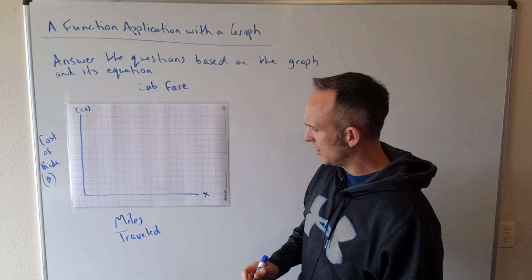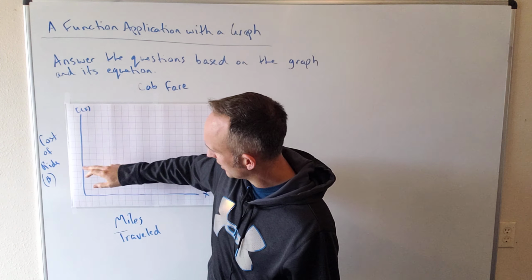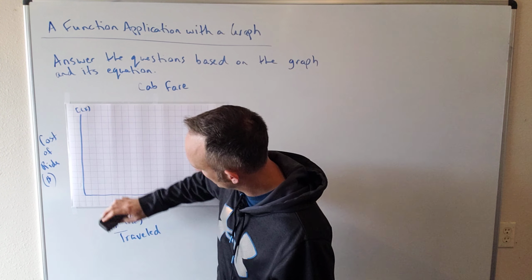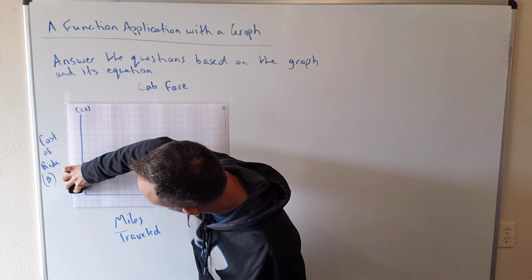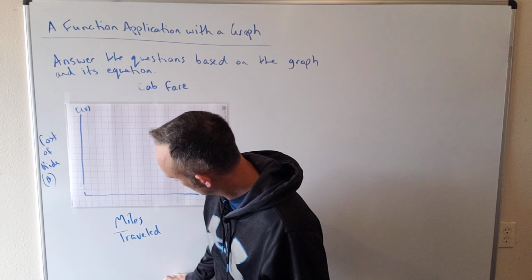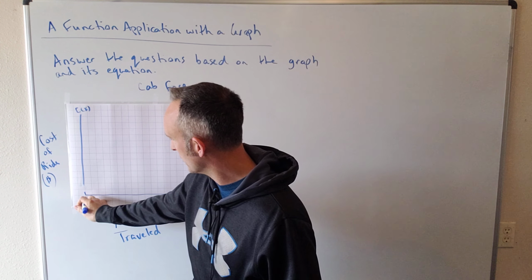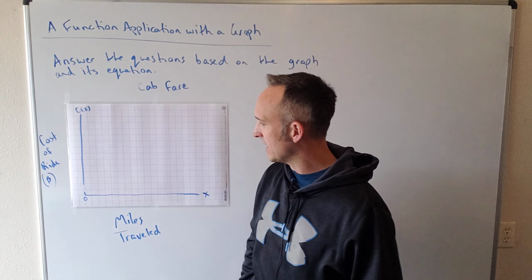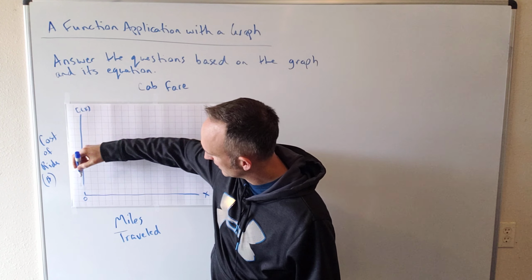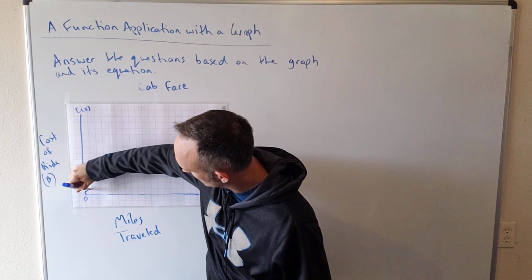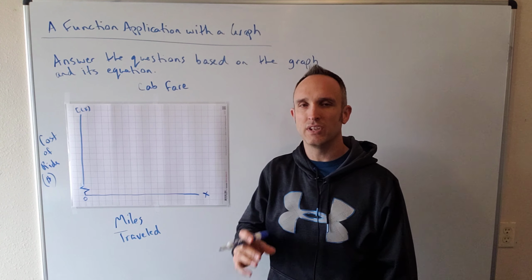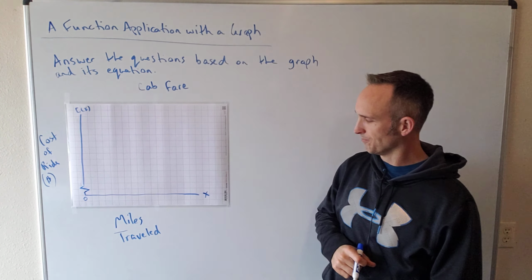On the cost axis, we're going to skip some values. We start at 0 for both the x and y-axis, but on the c of x axis we skip some values that we're not going to use, so we indicate that with this break in the y-axis.